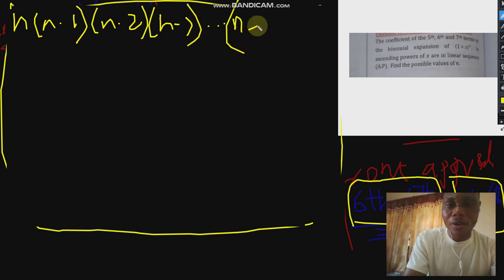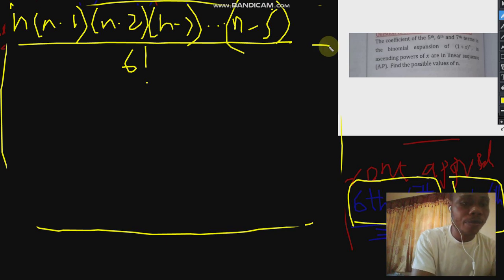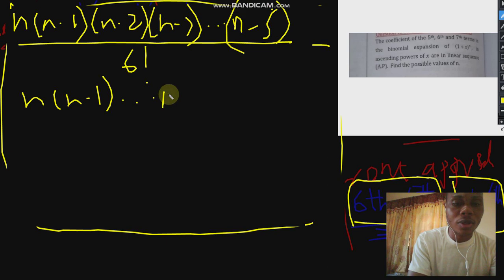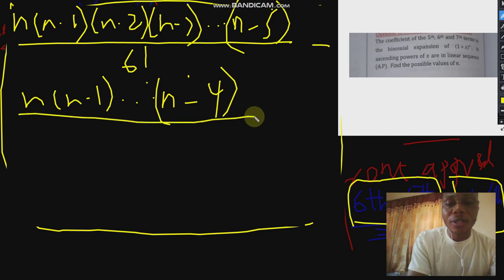The 7th gives me n minus 1, n minus 2, n minus 3, up to n minus 5, all over 6 factorial, minus the 6th, which is n minus 1 up to n minus 4 over 5 factorial.